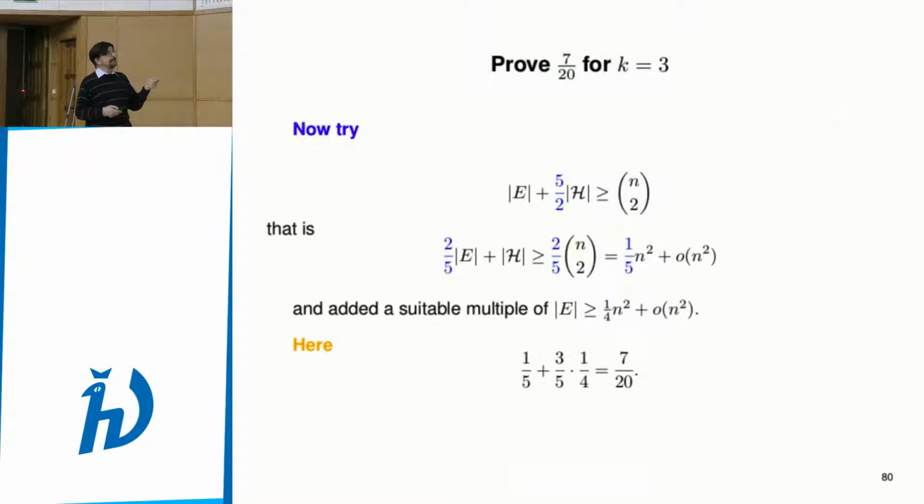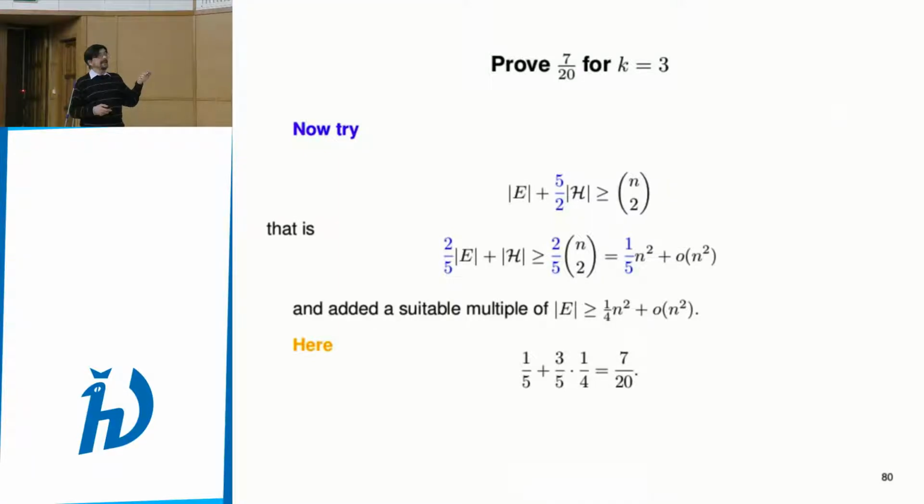This was the lemma. 3/5, and then we obtain E here and H here, because here we don't have H. And so we actually have 1/5 from here, and 3/5 times this 1/4. And if you calculate, this is 7/20. So this is what we need to prove this lower bound.